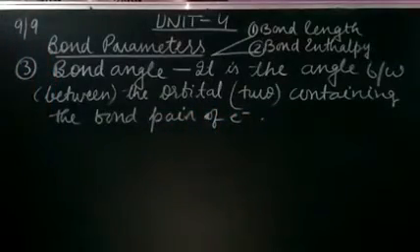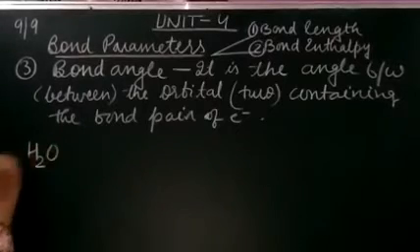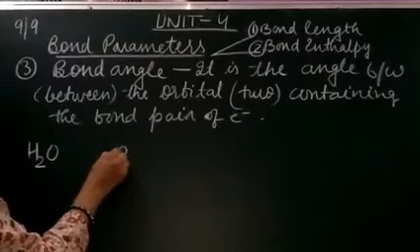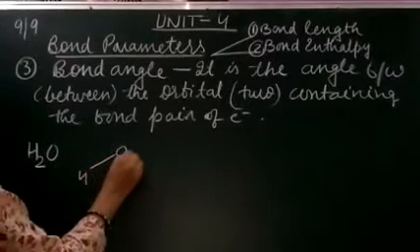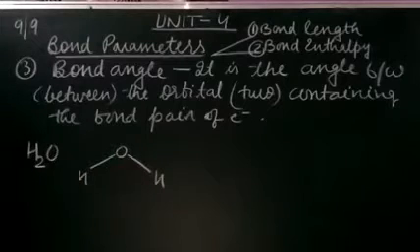Now we will try to understand it through an example. Let us take the example of water. In H2O, the central atom is oxygen. This is one hydrogen, and this is another hydrogen atom. We have come to know through VSEPR theory that it has a V shape or bent shape, an inverted V, right?